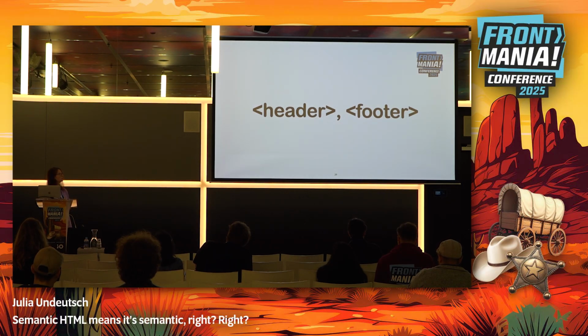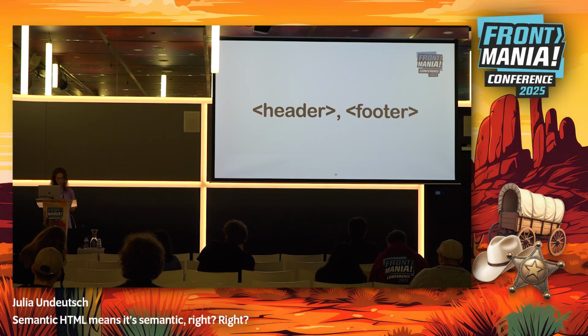Other examples would be header and footer. It seems that not everyone knows that you can use the header and the footer not only as a direct child of the body, which would be the header with the navigation, the logo, and the links in the navigation or the search functionality, and the footer also with the company logo and the small links and social media links below.